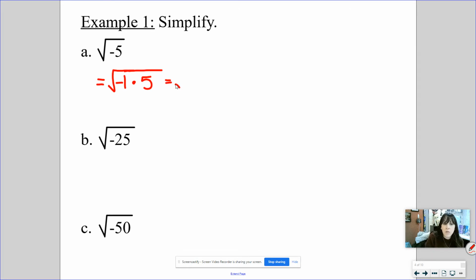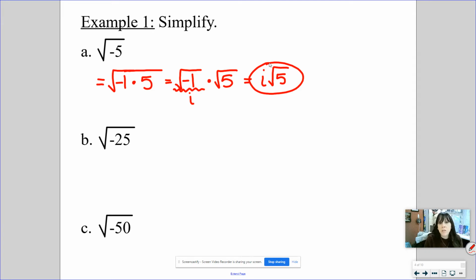And then you're going to put each of those things in their own radicals and simplify. When I say simplify, what I mean is recognize that the square root of -1 is i, our imaginary number. And then radical 5 cannot be simplified, so we would just bring that over. And so i radical 5 would be your simplified answer.